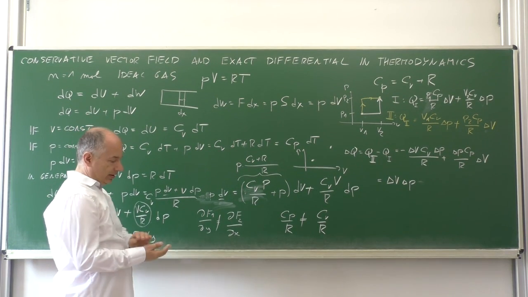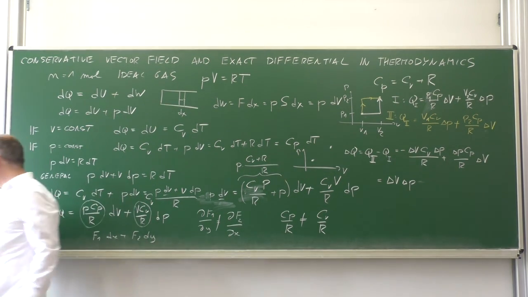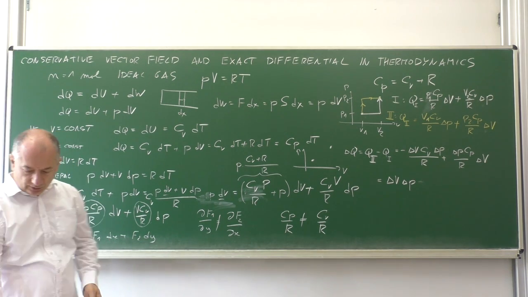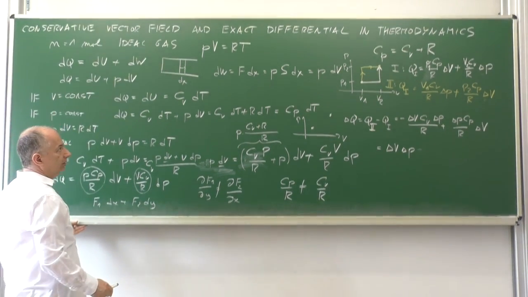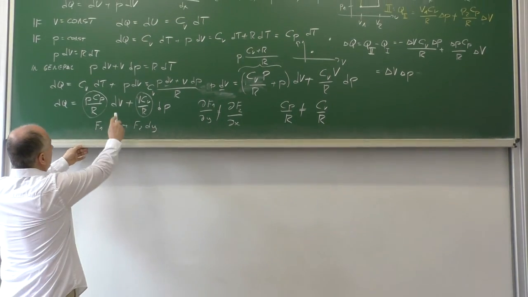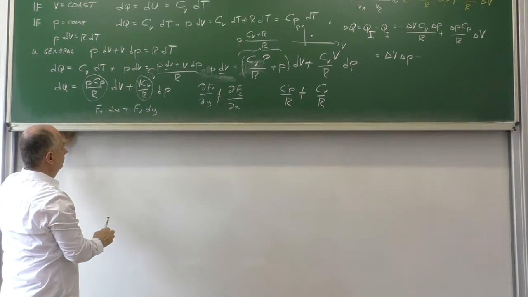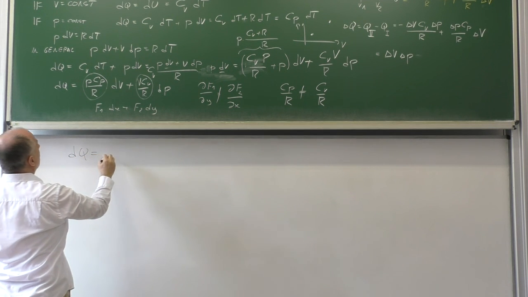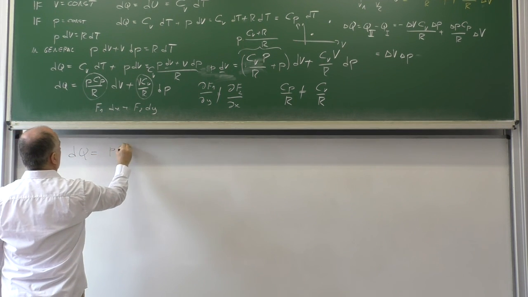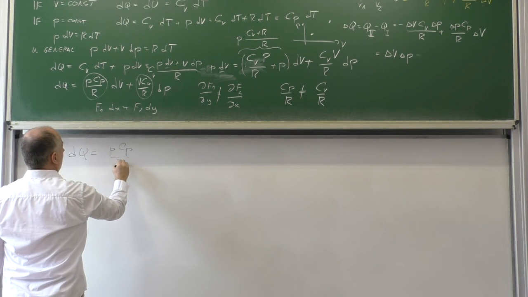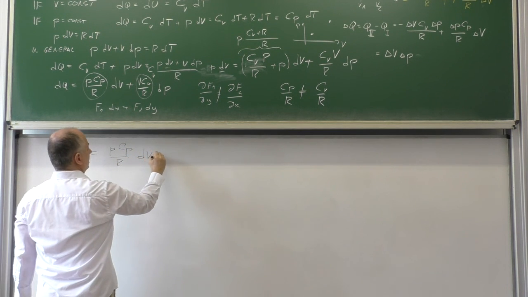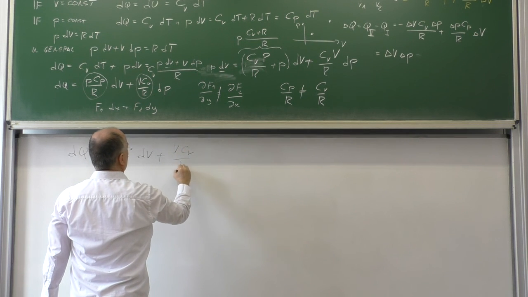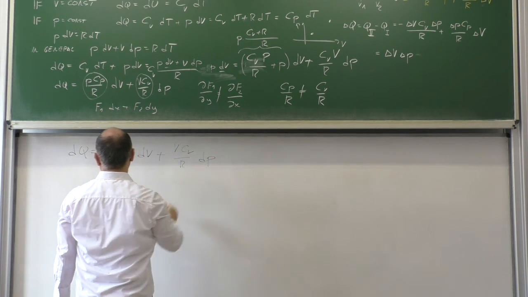But we can use one trick. If we take the vector field from this differential form, let's write it once again. dQ being P Cp divided by R dV plus V Cv divided by R dP.